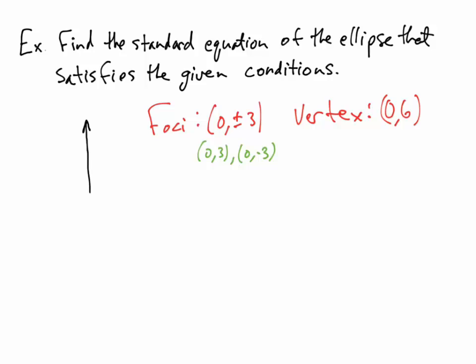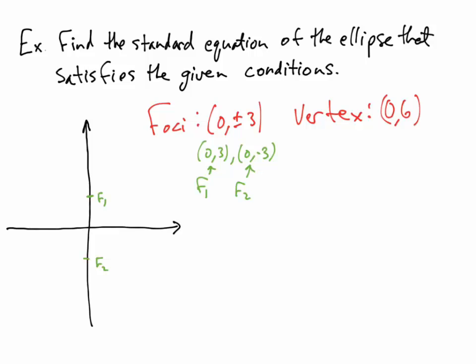So I'm going to go ahead and graph these. Graphing the foci, we have 0, 3 and 0, negative 3. Let's call that F1 and then F2. So F1 is here, F2 is that point.